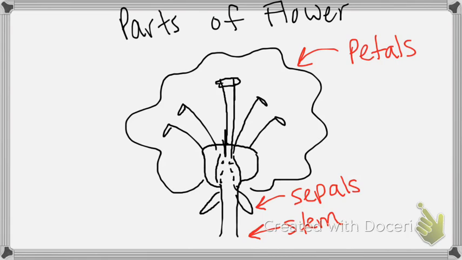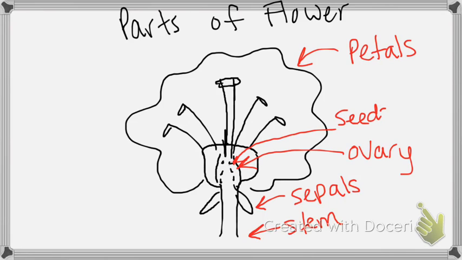On the inside of the plant here, we have our ovary of our plant. So plants have male parts and female parts. So the female part obviously is going to consist of the ovary. Inside of our ovary, we are going to have seeds, or these could be called ovules, right? They're little eggs that are going to be fertilized by the pollen.